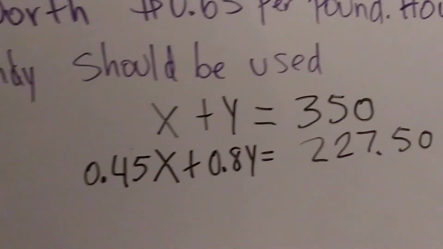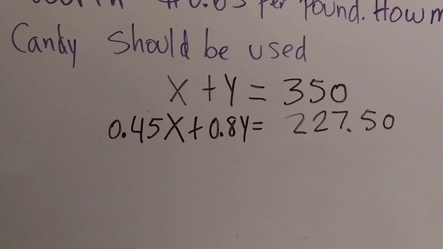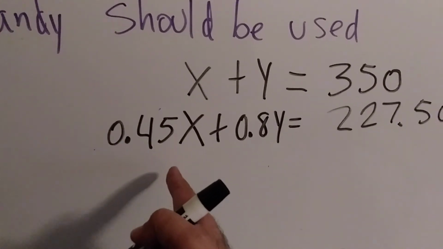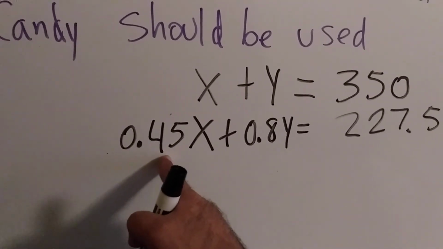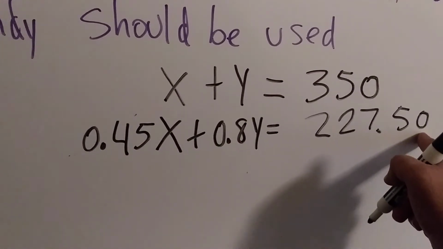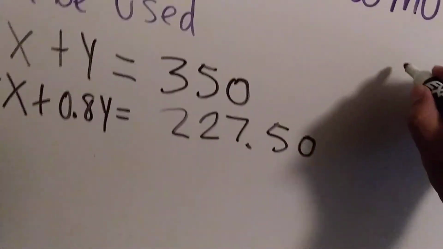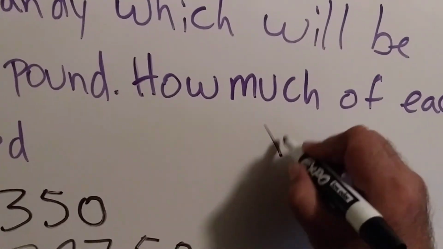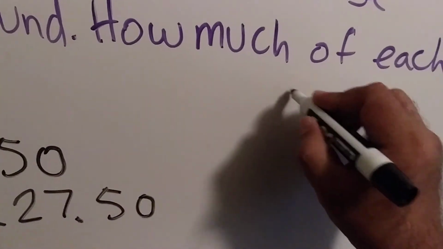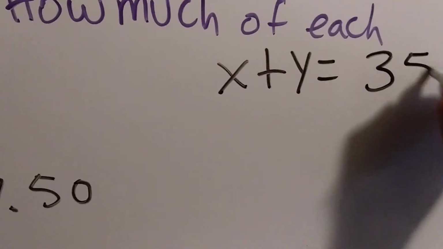Okay, so we have 227.50 here, and we would proceed and first go ahead and clear your decimals. So you have to move the decimal twice, right? Here twice, and here twice. So this would become x plus y equals 350.